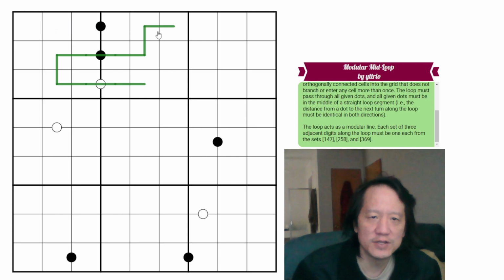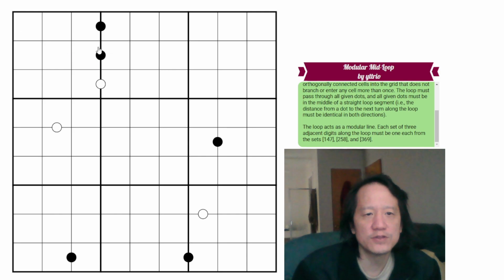Because if it went this way, say it tried to go this way, right? Then the problem is this becomes essentially a one length segment, which branches from the loop. So that doesn't work that way. It must connect that way, but then the problem is that it would have to connect here again, which doesn't work. So therefore, none of these 3 dots can have the same length.